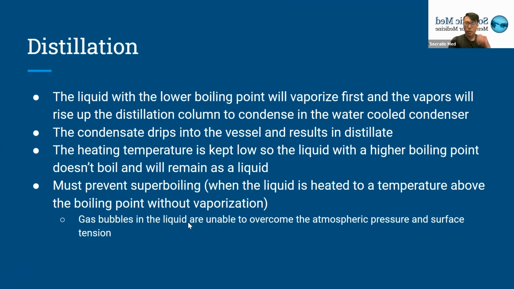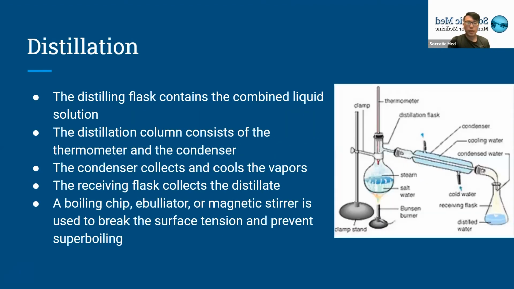In order to prevent that, we use a boiling chip or a magnetic stir bar that you put in the distilling flask that basically just swirls around in the flask. There's also another thing known as an ebullator.